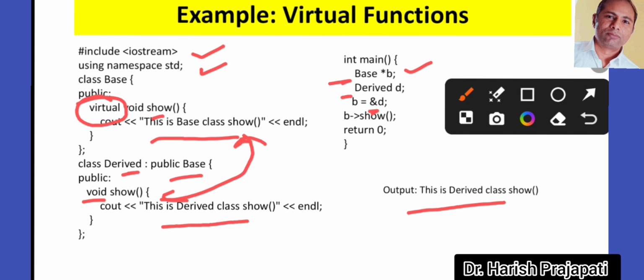If we do not write virtual here, then since this pointer is made from the base class, it will behave with the method of the base class only. So this is the difference between declaring a virtual function or not declaring the virtual function in the base class.